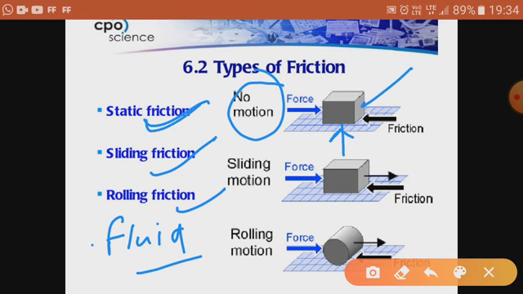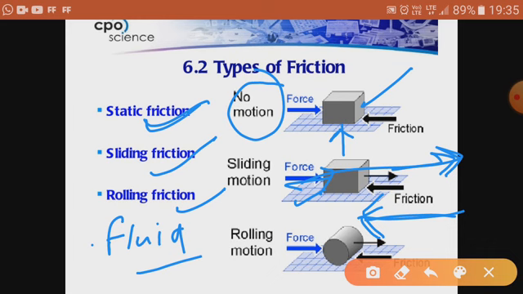And then sliding friction, the second: if this box starts moving in this direction, then obviously friction will be in the opposite direction and it will try to stop it. It will pose some hindrance in the motion.